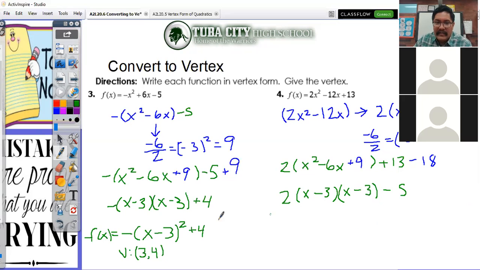Now we have to turn it into vertex form. So f of x. Now we have to include that 2 there because it's part of it. Now that 2, if you remember from yesterday or the lesson before this, when you increase that a value, you are going to get a vertical stretch. So you are going to have a narrower parabola.